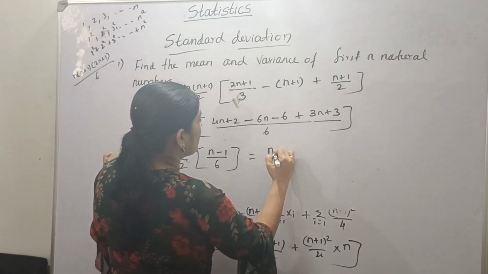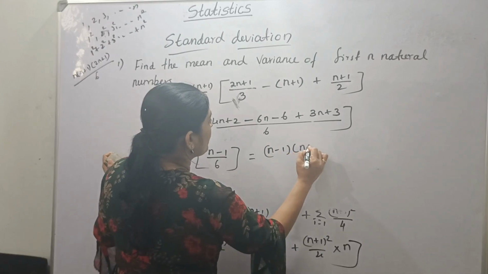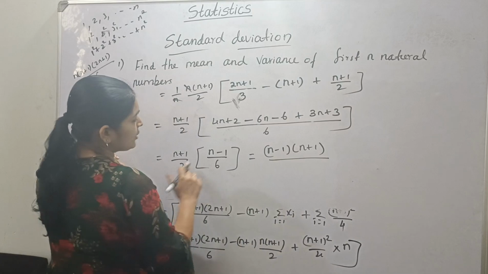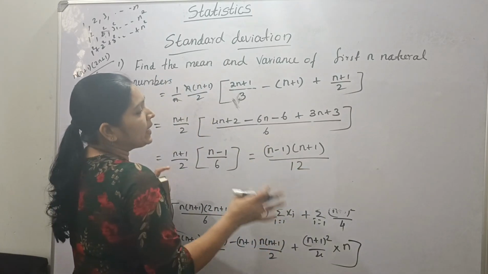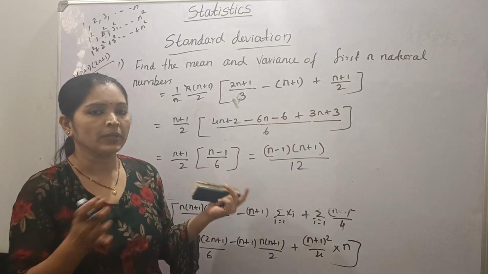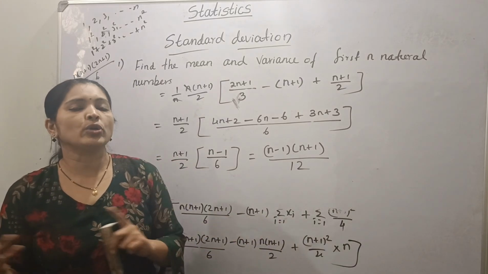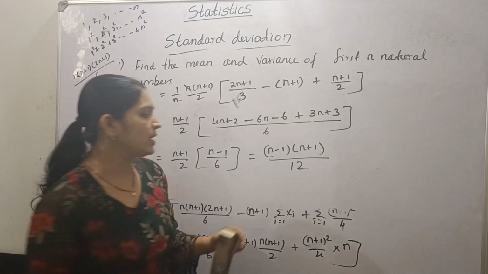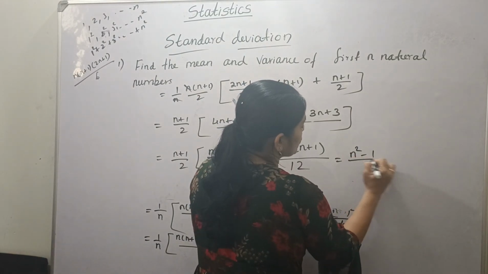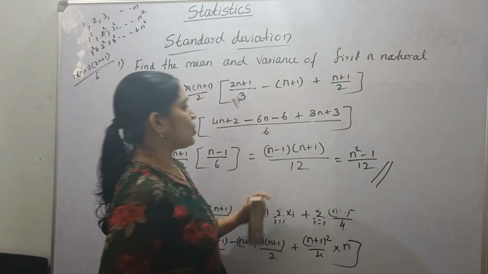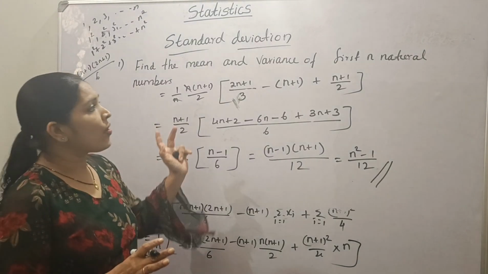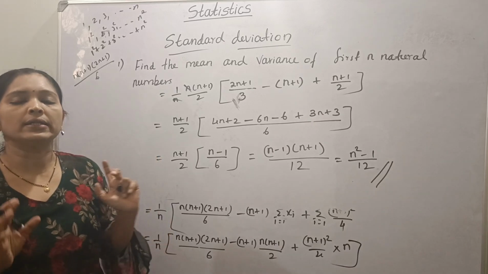That is n minus 1 into n plus 1 divided by 6 into 2, 12. We know that n minus 1 into n plus 1 is nothing but n square minus 1, that is a minus b into a plus b, that is a square minus b square, right? So here n minus 1 into n plus 1 is n square minus 1 divided by 12. So n square minus 1 divided by 12 is the variance of the first n natural numbers.